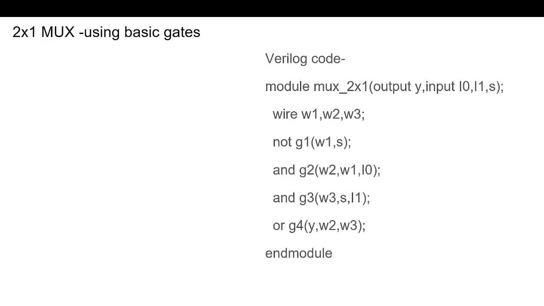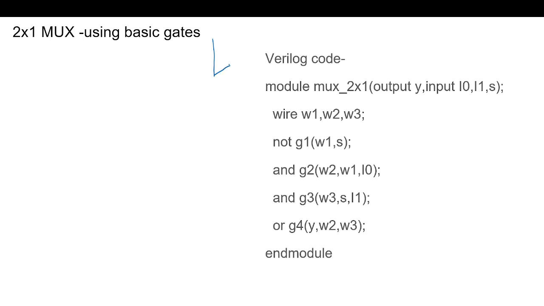The next is, okay, first we will define this 4x1 multiplexer, and then we will instantiate this to obtain the higher, like 4x1 multiplexer using the 2x1 multiplexer.